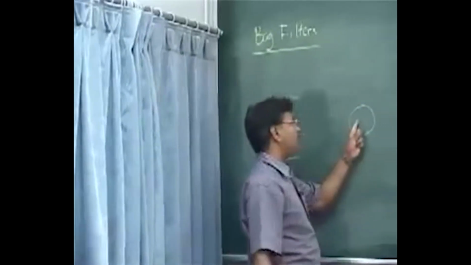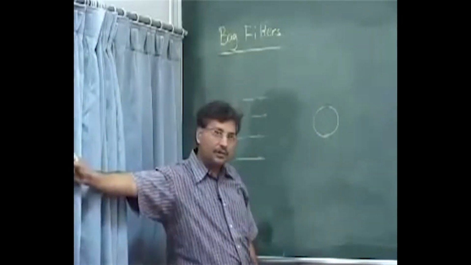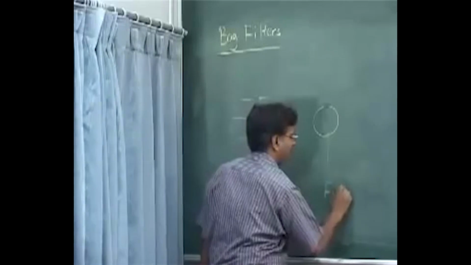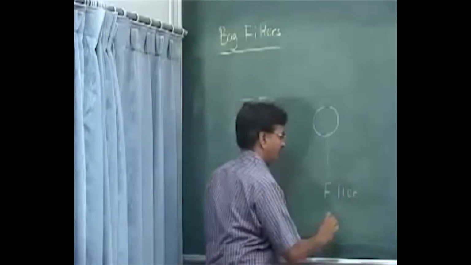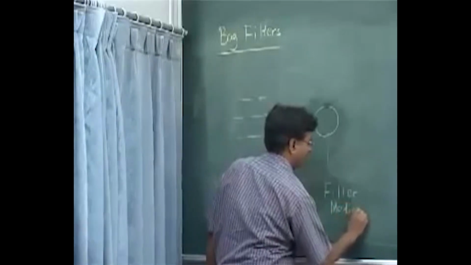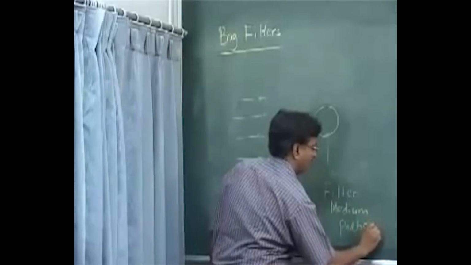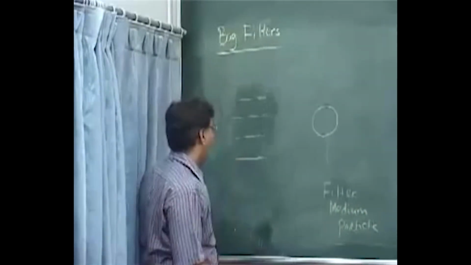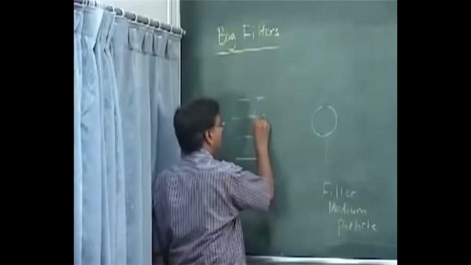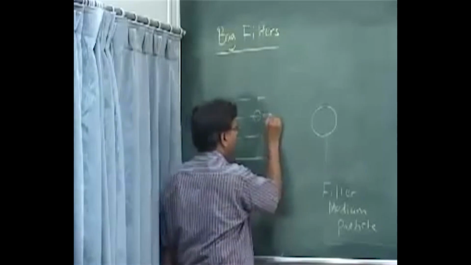See, suppose this is the fabric or my bag filter, the filter medium, and this is a particle. So what are the mechanisms which are operating? Suppose the particle is here. Okay, so it travels.